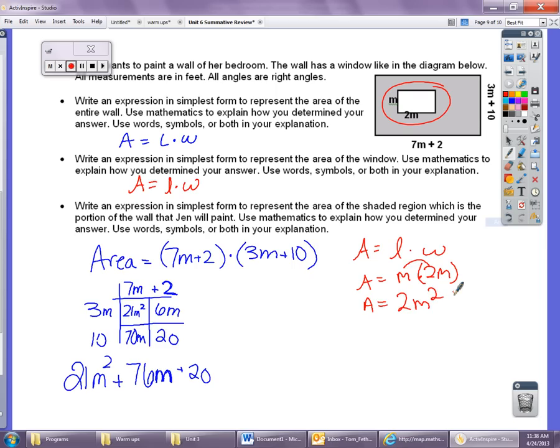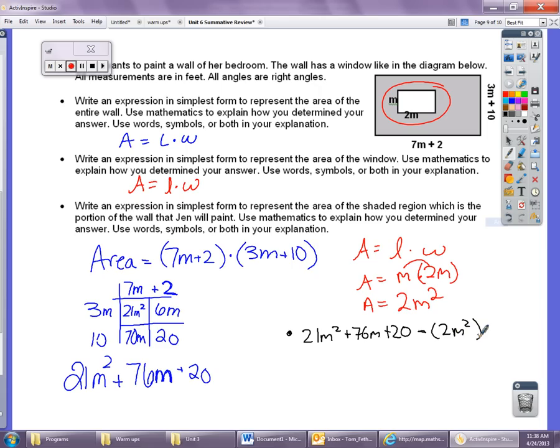Now we have the whole wall, we have the window, and the last thing wants us to figure out the area of the shaded region. We're not putting them together, we're taking the window out of the wall. Since we're taking them apart, we need to subtract these two values. So 21m squared plus 76m plus 20 minus my 2m squared.